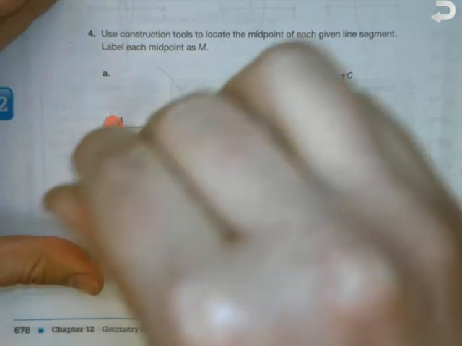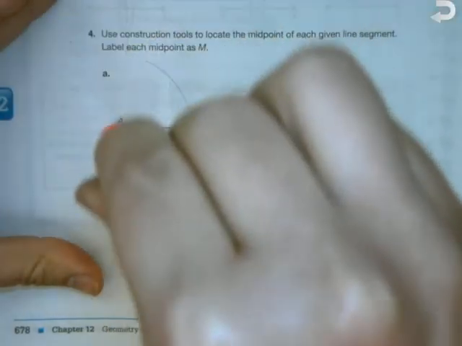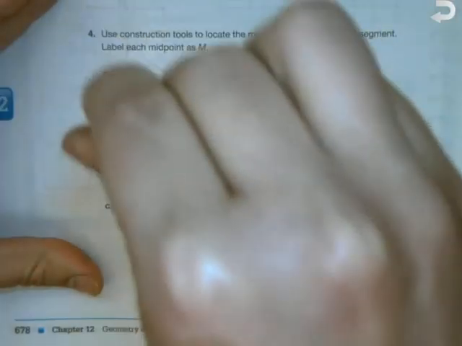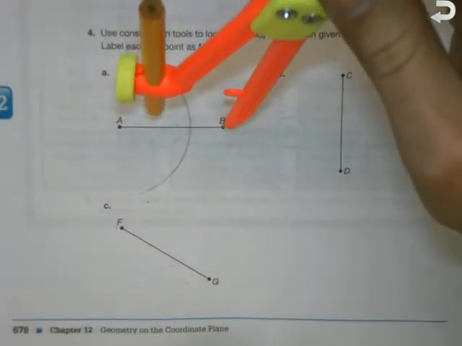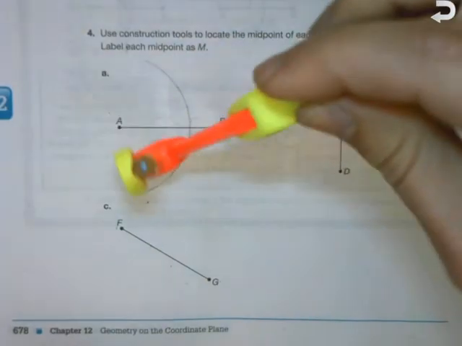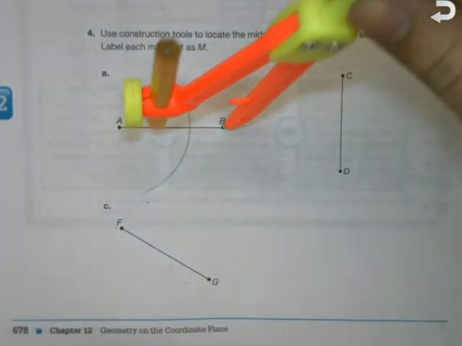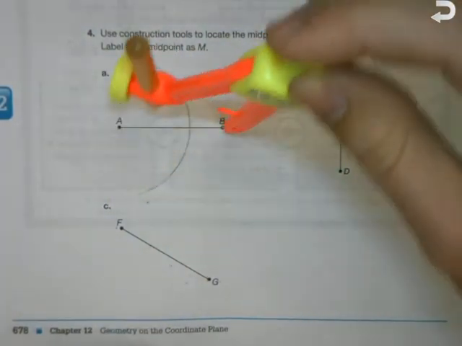So now draw an arc going through. Please be careful with these because these compasses are kind of loose. So what I have found is if you keep it really tight on the endpoint and then just twist it with your fingers is the best. Okay, make sure you make your arc nice and big because we do need them to intersect.